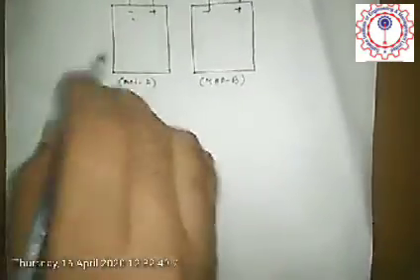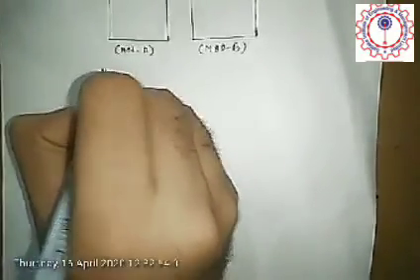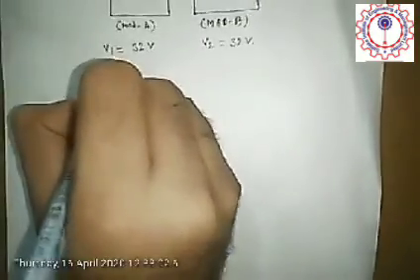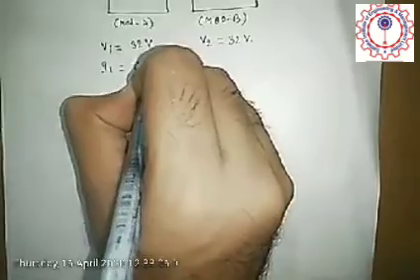In that condition, assume V1 equals 32 volt and V2 equals 32 volt, I1 is 6 amp and I2 is 6 amp.